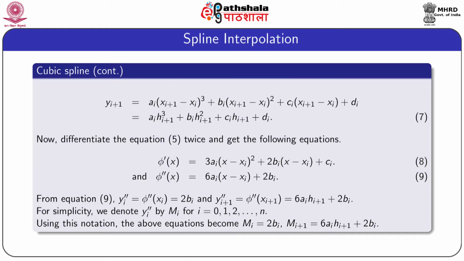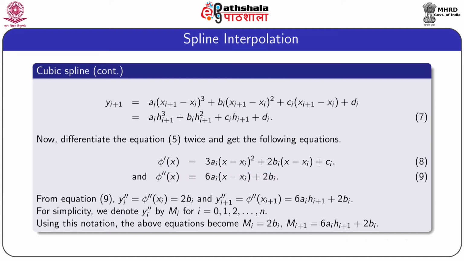Now, we differentiate the cubic polynomial, which is nothing but equation number 5, two times, and get the following equations. The first derivative of phi(x) is equal to 3 a_i (x - x_i)^2 plus 2 b_i (x - x_i) plus c_i. This is obvious.